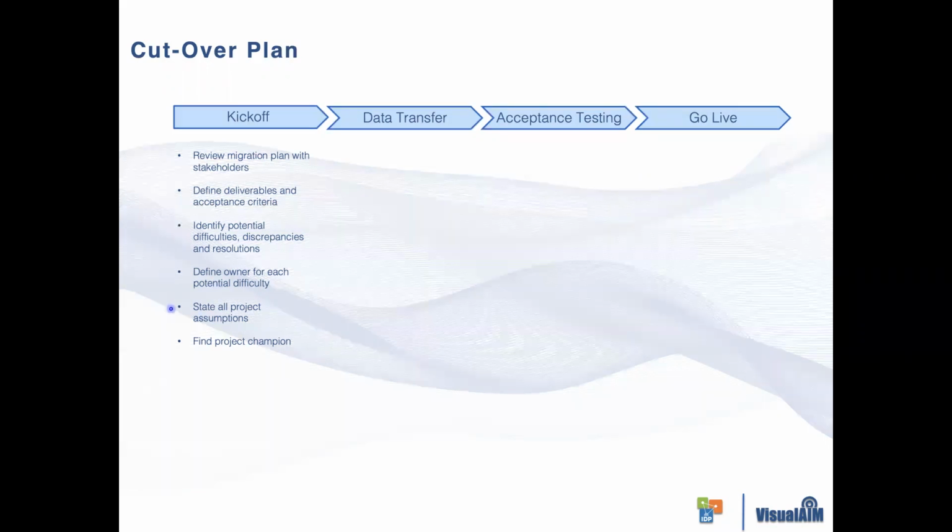Also, you want to state all potential assumptions of the project. If you have multiple databases, you want to make sure and understand that, let's state that the assumption was that all database structures would be the same across the 8, 10, or 15 facilities. This might not be the case when you actually start looking into the actual data and the different versions of the programs across the different facilities.